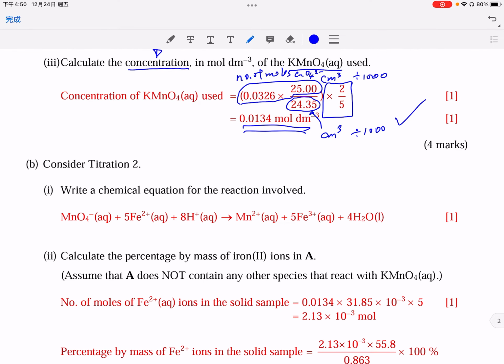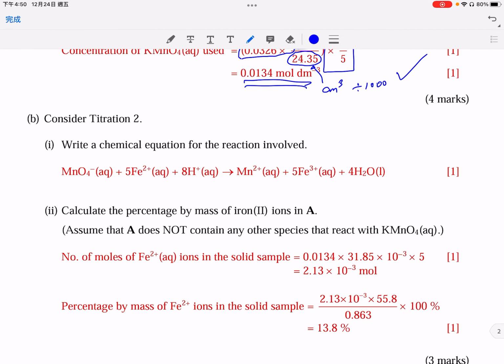And then part B, make sure you are able to write this equation. I just try to demonstrate to you very quickly. From permanganate to manganese 2 plus, apply the half equation method. First of all, you add 4H2O on the right and then 8H plus on the left.